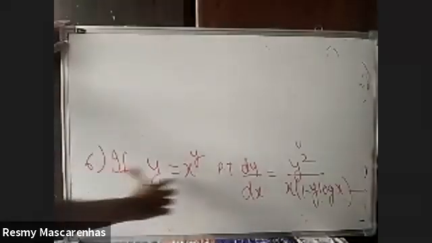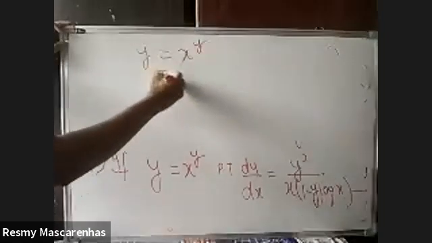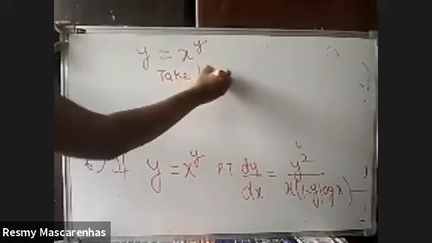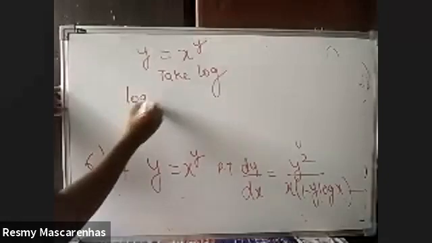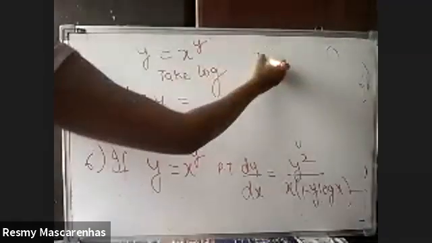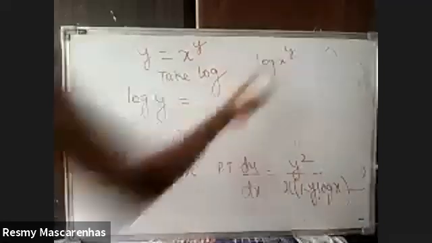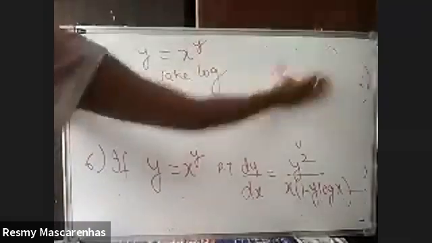So this is the question given. y is equal to x raised to y. So take log. When you take log, this will be log y. Then it will be log of x raised to y. Then y will come out automatically.